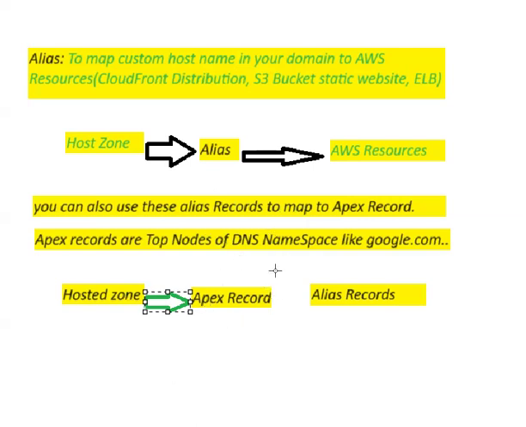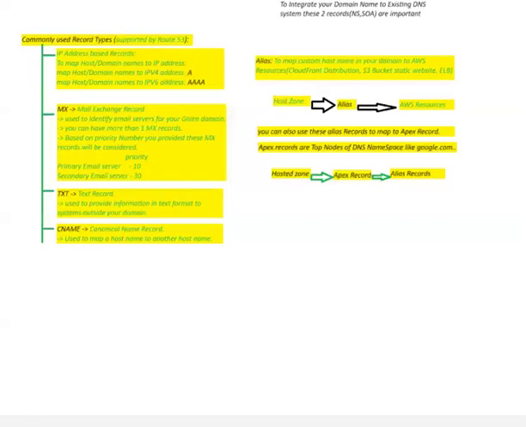In order to provide your website at the top, you need to use the Apex record, and the Alias record is used to map your Apex record.